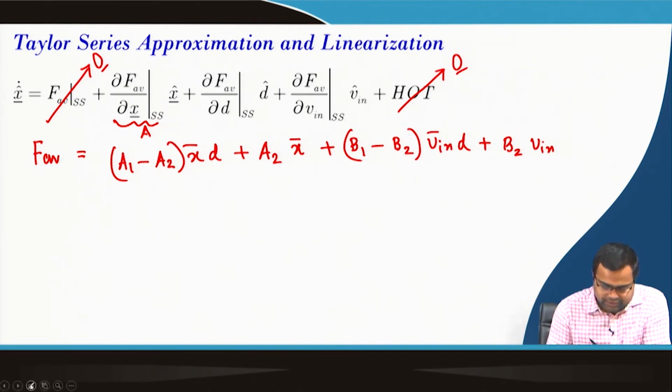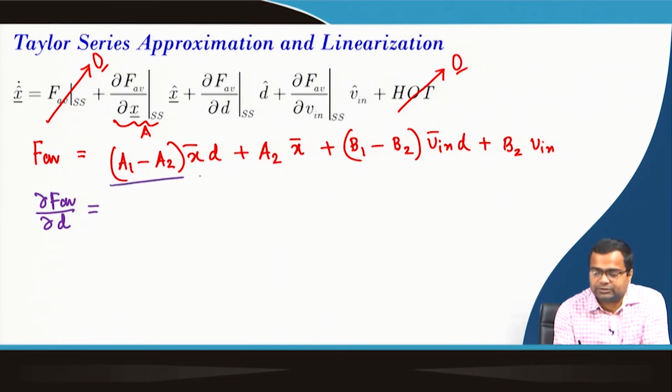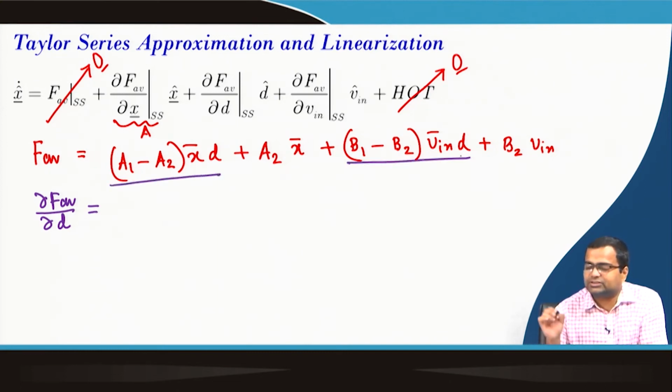Now, we want to find out what is my ∂f_avg with respect to ∂d, the duty ratio. So, you want to only consider these two terms, which consist of d, the duty ratio; the other two terms are independent of d.